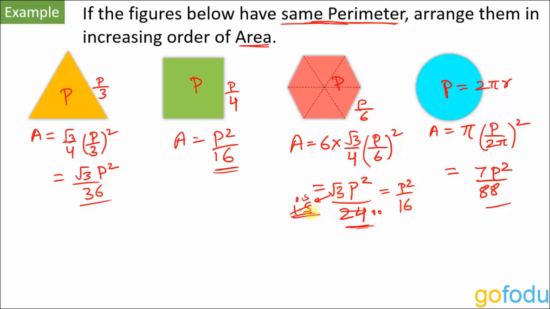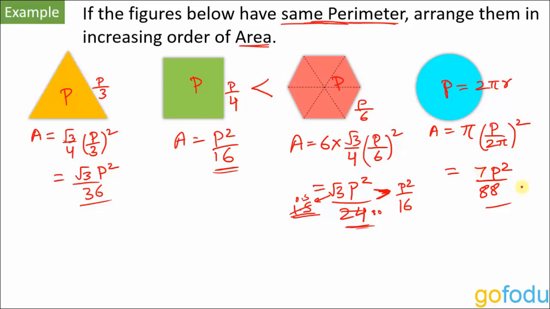If root 3 was 1.5, but root 3 is more than 1.5, root 3 is 1.73. That means this area will be more than P square upon 16. So basically, area of hexagon will be more than area of square.